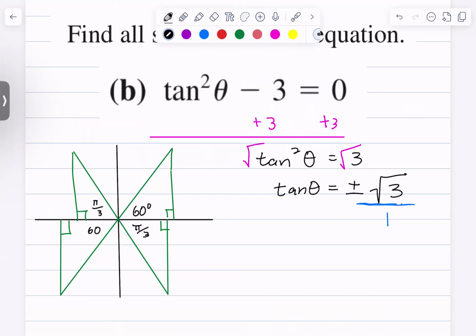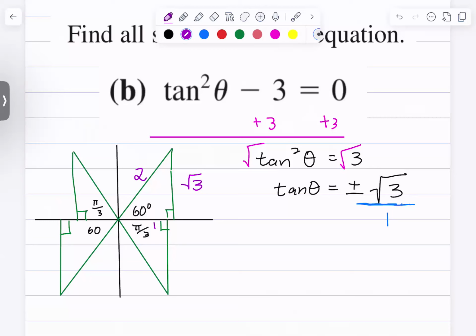The reason why it's 60 degrees is because tangent is y over x. So tangent is square root of 3 over 1, y over x. And if you have 1, square root of 3, and this side is 2, I just built a 30, 60, 90. Opposite the square root of 3 is 60 degrees. So that's why that's 60.